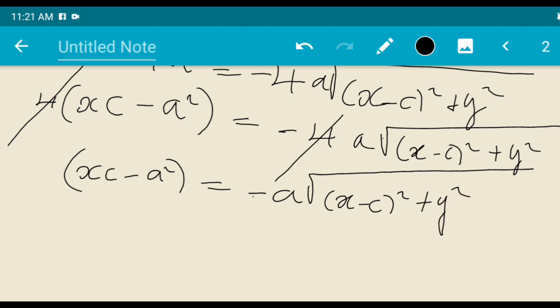So I want to get rid of this negative on this side. So we're going to multiply both sides by a negative. When we do, this is just going to be positive. Then this here will be a negative. Then this will be a positive, which is what we've been looking for.